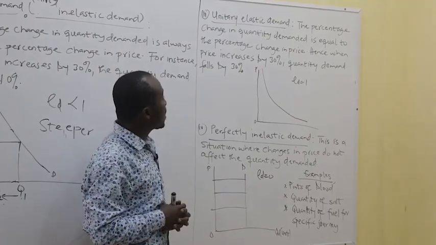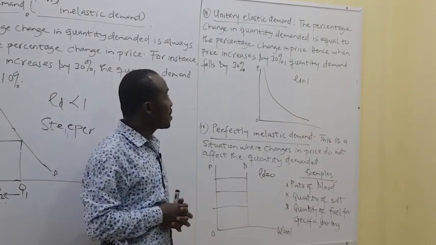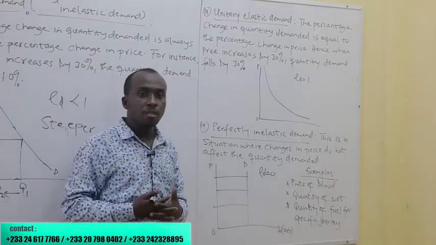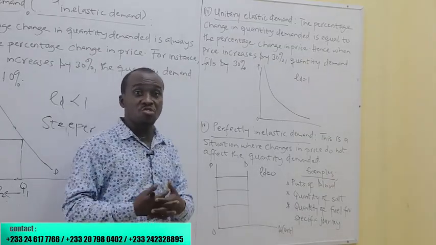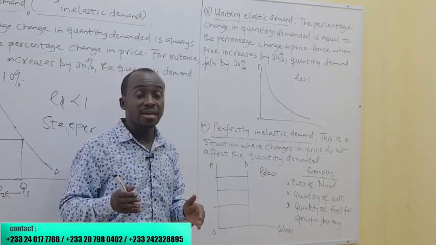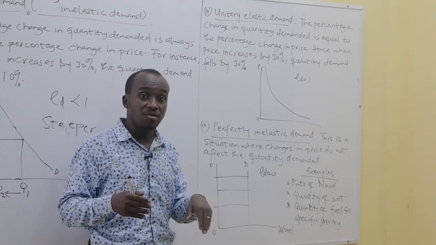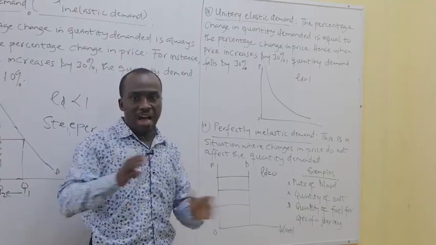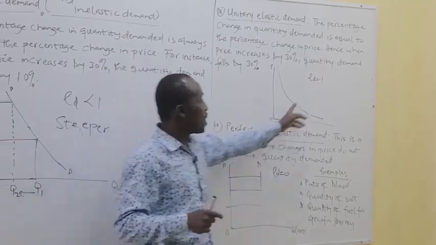Hence, when the price increases by 30%, quantity demanded also will fall by 30%. So with unitary elastic demand, the change in price is equal to the change in demand. If price falls by 10%, demand will increase by 10%. If price increases by 20%, demand will reduce by 20%. So the changes are almost the same. So you have elasticity equal to 1.